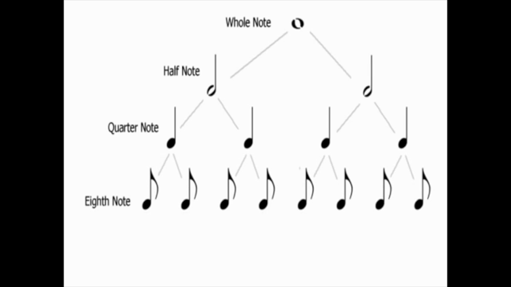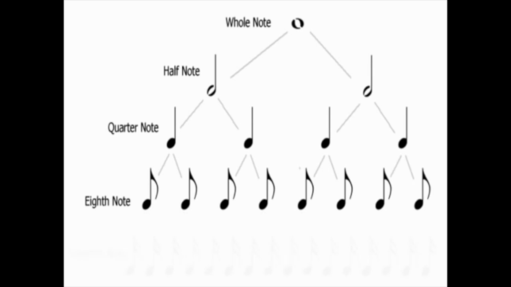Eighth notes. It takes 2 eighth notes to make 1 quarter note, because each eighth note gets half a beat. So we know that 2 half notes equal 1 whole note, 4 quarter notes equal 2 half notes, which equal 1 whole note, and that 8 eighth notes equal 4 quarter notes, which equals 2 half notes, and equals 1 whole note.